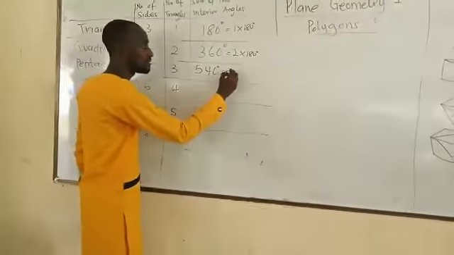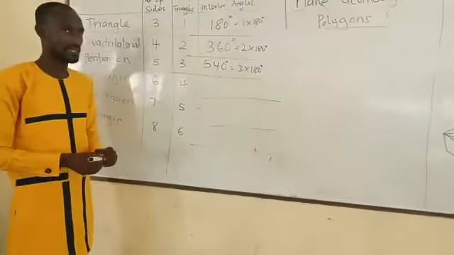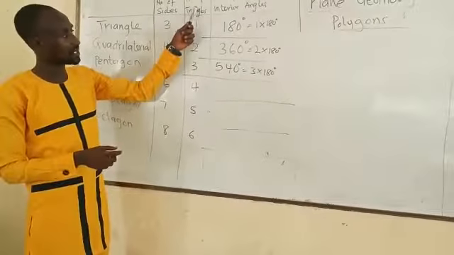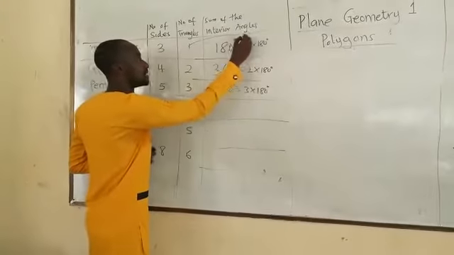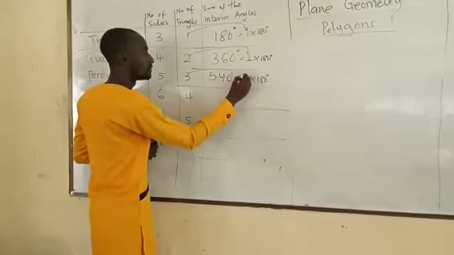So this one also will be 3 by 180. So I can say that there is a relationship. If I compare the number of triangles here, I could say that the number repeating is 1, 2, 3.